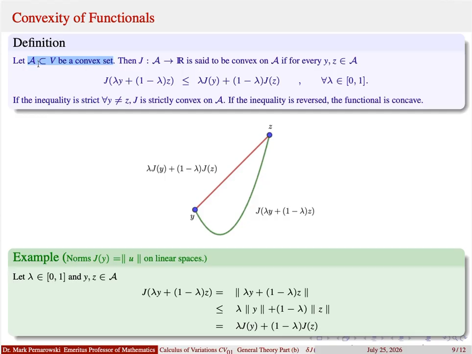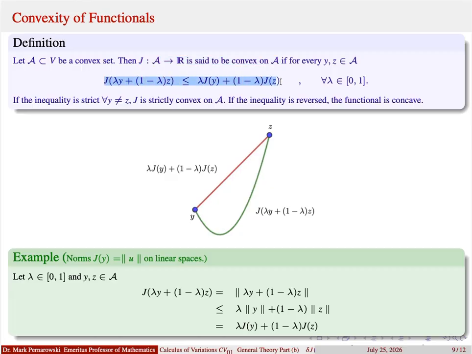So I have a nice convex A. The question is now whether the functional is convex. For the functional to be convex on A, and A has to be convex here too, this is the statement that defines it.